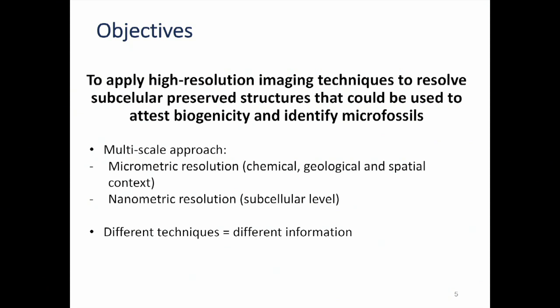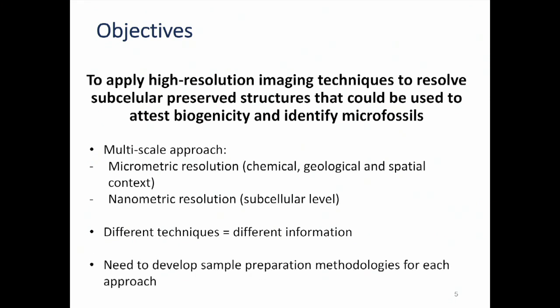The idea is to use different techniques so that we can collect different types of information, because we know when we talk about biogenicity, you can't use a single criterion, you have to use several so that you have a better chance of making this differentiation. And there is a lot of development on sample preparation, because each technique requires a different type of sample preparation, and this is probably the most difficult part of this type of research.